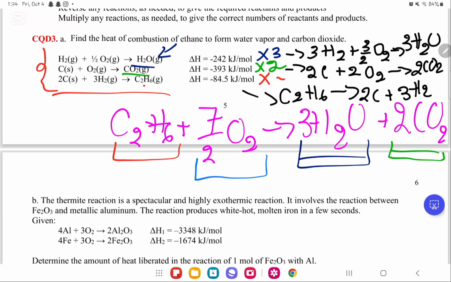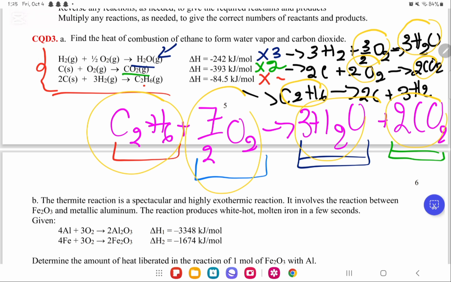Now, very important step over here. We have C2H6. Can we find it here? Yes, so we're gonna circle it. Then we have the O2s. We're gonna circle the O2s, we're gonna keep them. We have 3H2O, we're gonna circle the 3H2O, we're gonna keep it. And finally we have the 2CO2. We're gonna circle the 2CO2 and we're gonna keep it.